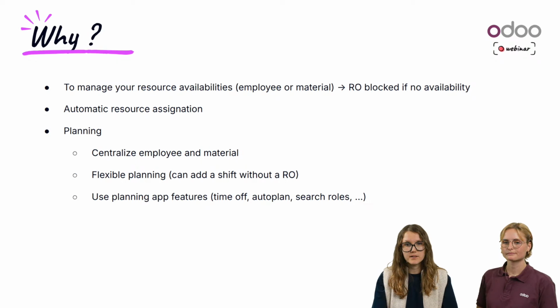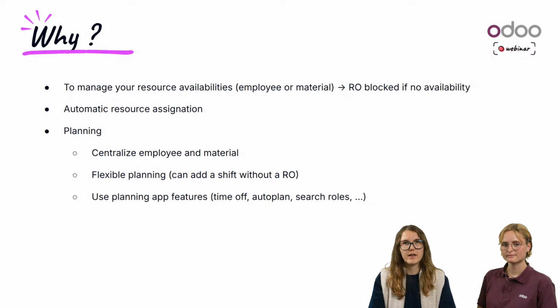If you don't have a resource that is available, the confirmation of the rental order will be blocked. So you will have availability management for that. Then, with that specific feature, you're allowed to have an automatic resource assignation.